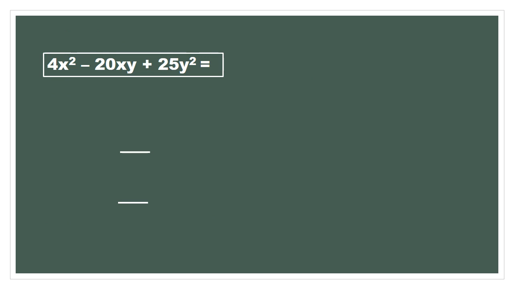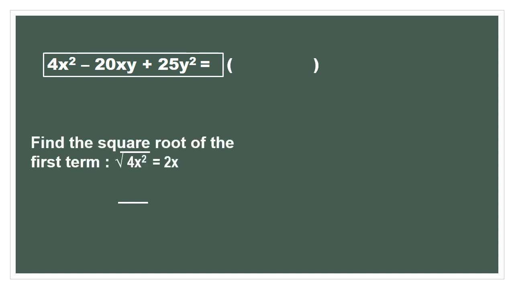Okay, next example, we have 4x squared minus 20xy plus 25y squared. Gawa ulit tayo ng parentheses. Follow these steps. Find the square root of the first term. Square root of 4x squared is equal to 2x. Sulat yung 2x sa loob ng parentheses.